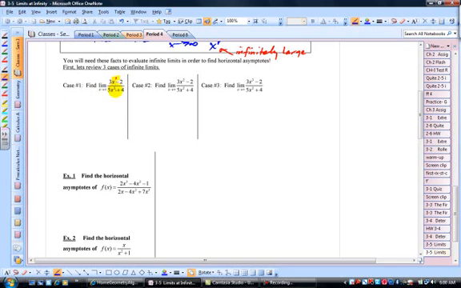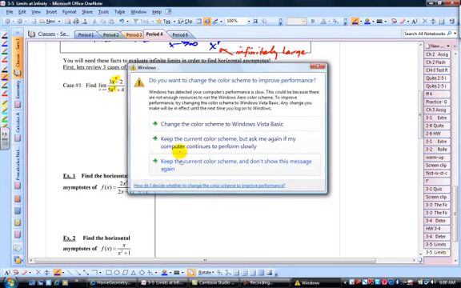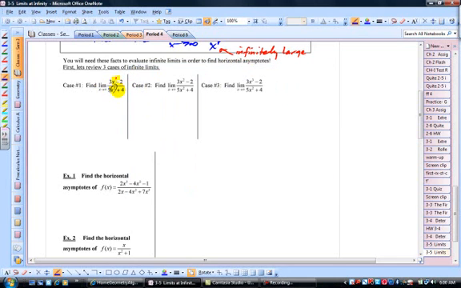The way we handle this kind of limit is we take the highest degree term in the denominator, which is x squared, and we divide all terms by it. So let's try that. We take the limit as x goes to infinity of 3x divided by x squared, which is 3 divided by x, minus 2 divided by x squared, all divided by 5x squared divided by x squared, which is just 5, plus 4 divided by x squared.